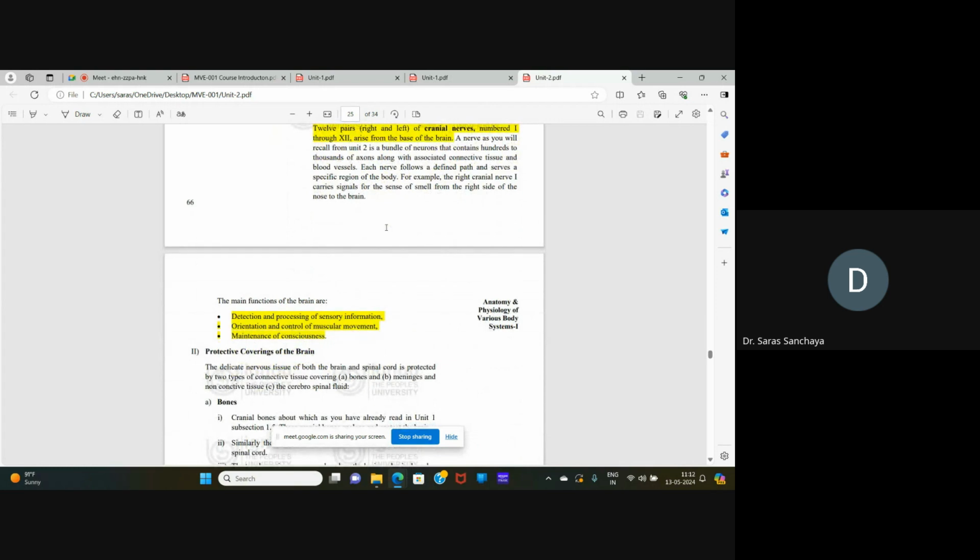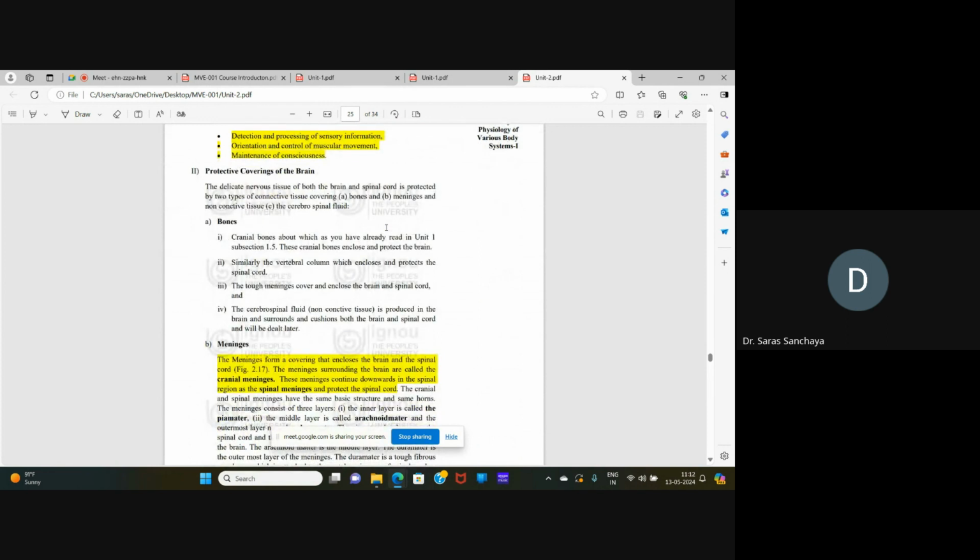The main functions of the brain are detection and processing of sensory information, orientation and control of muscular movement, and maintenance of consciousness. Now we come to meninges. Meninges form a covering that encloses the brain and the spinal cord. The meninges surrounding the brain are called the cranial meninges. The meninges continue downwards in the spinal region as the spinal meninges and protect the spinal cord.